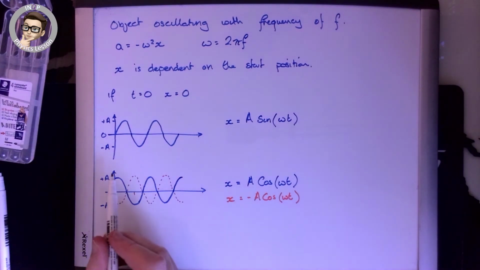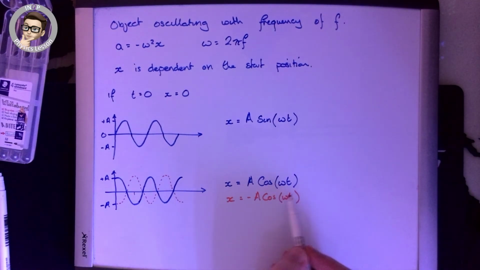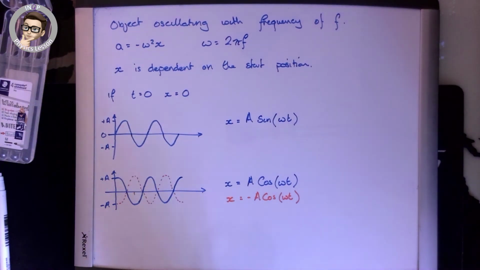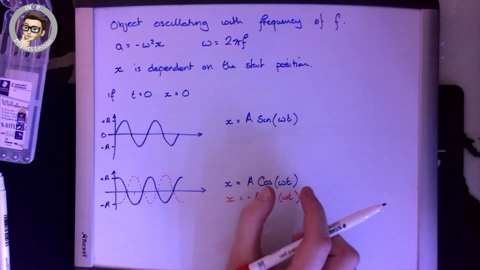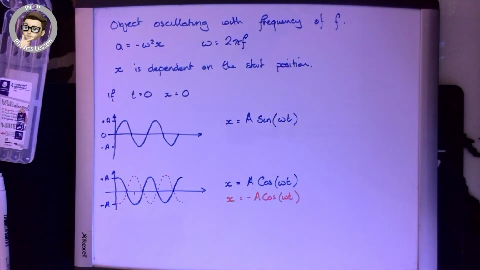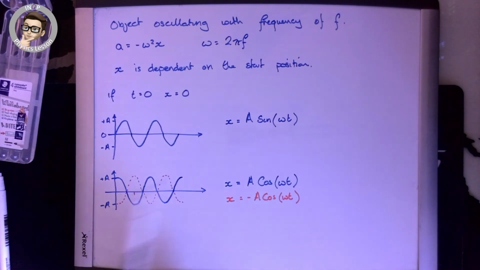I've moved it forward by 1/2 of a wave. So therefore you could just add that to the omega t, which would move your wave along. Now you don't need to worry about phase differences, but that's what we could add inside of our cosine to actually show us this part here. But let's not worry too much about that, because what's really important is to see these two different situations.